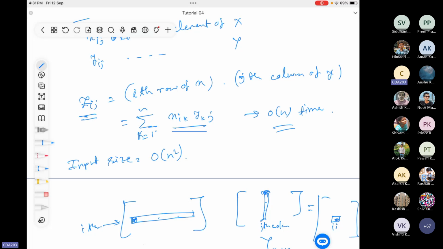It's a multiplication of n cross n matrices, so Z must be an n cross n matrix. That means Z has order n square entries. So how many times do I have to compute this Zij? Order n square times, and each computation of Zij takes order n time. So that means order n cube.